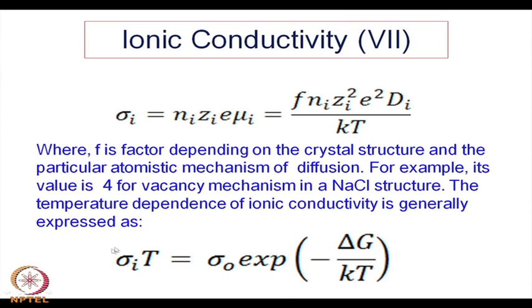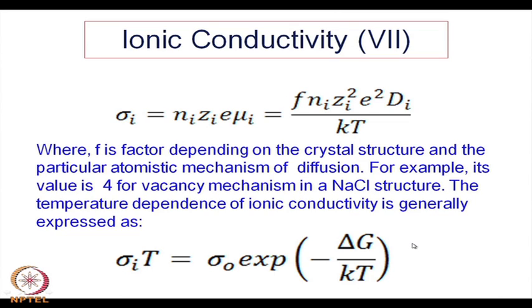But the most important thing is that it is normally expressed as sigma I T, multiplied by T, and then only we plot log of sigma I T versus 1 by T. That is the Arrhenius plot, but there one should take not sigma I only, but sigma I T. Only then do we get a straight line.